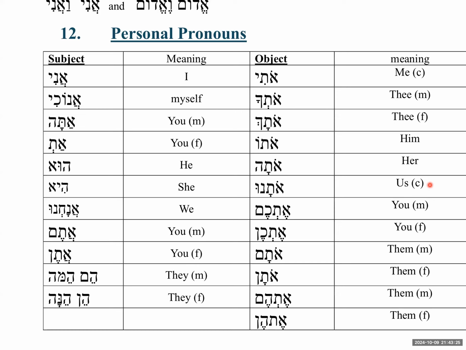A question. When you see the word us, C is common for both? Yeah, common for both. C is common. Otanu. So what is the vav? Otanu. Oh, okay, got it.